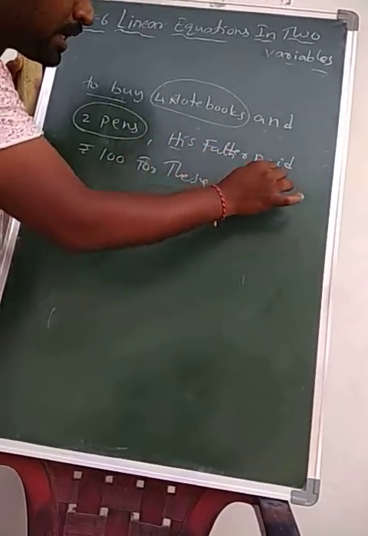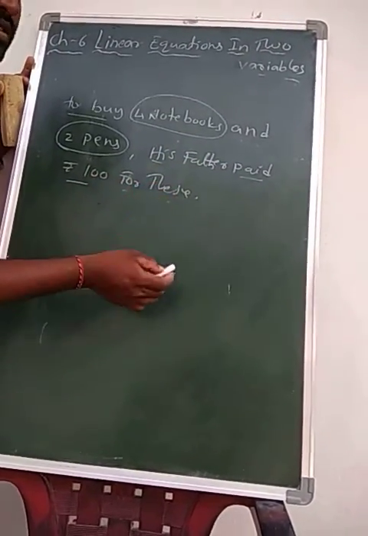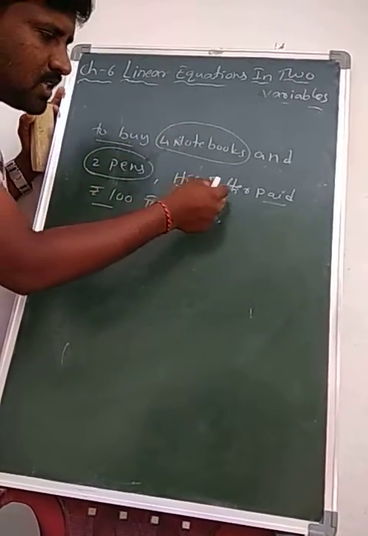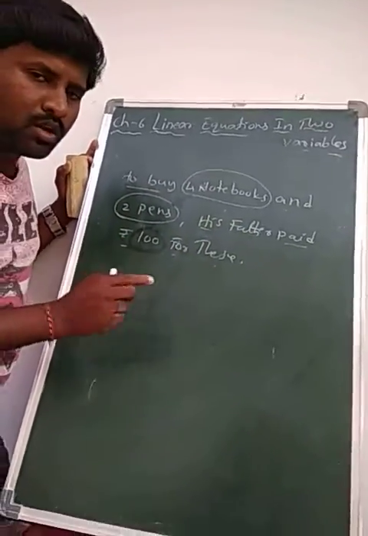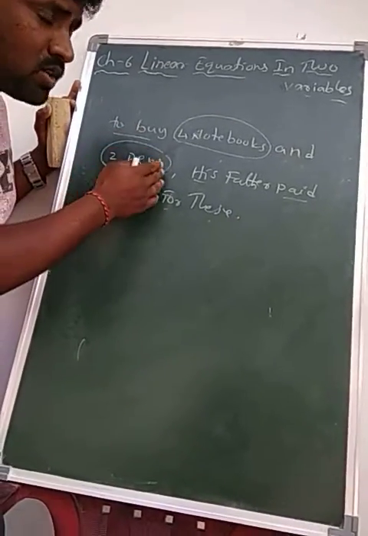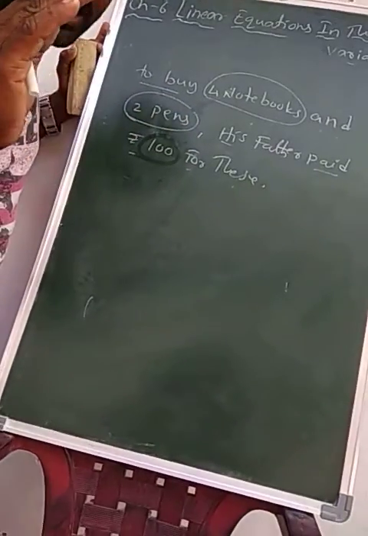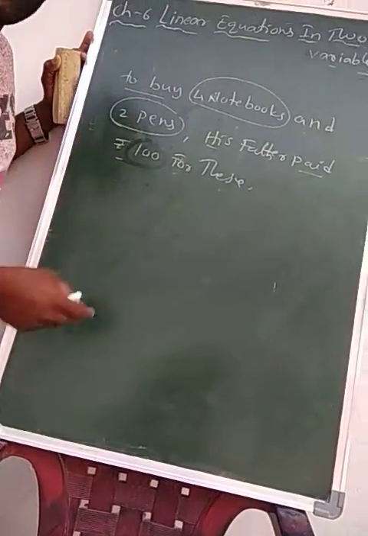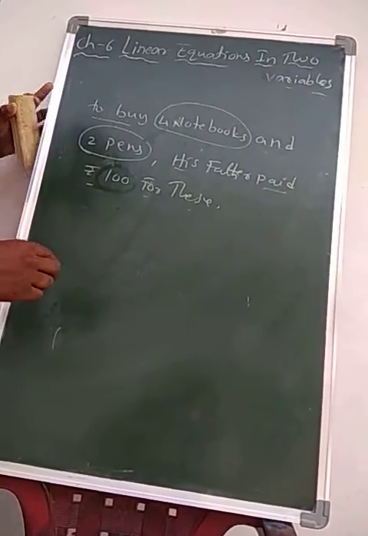His father paid rupees 100 for this. How much did his father pay for 4 notebooks and 2 pens? 100. But in this situation we don't know clearly the cost of 1 notebook and the cost of 1 pen. What are the 2 unknowns here?